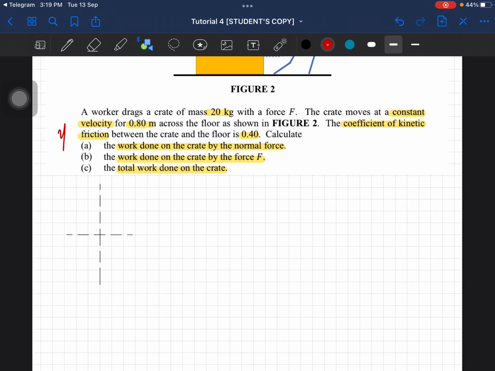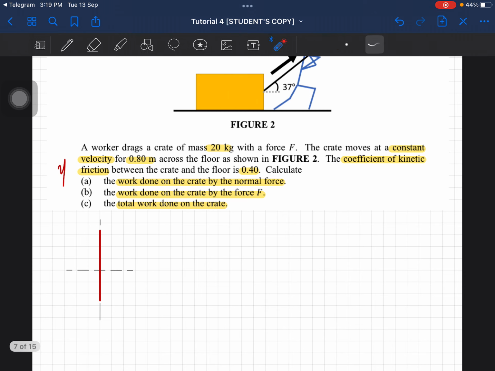Alright. So first we have the normal and weight force, because we have an object in contact with the floor. It has a contact surface, so it has a normal force, and then we have the weight.